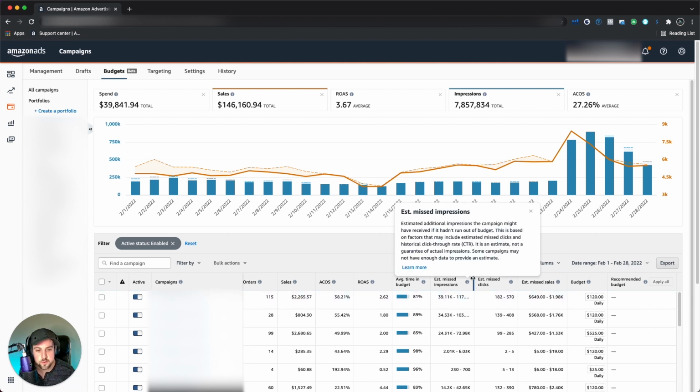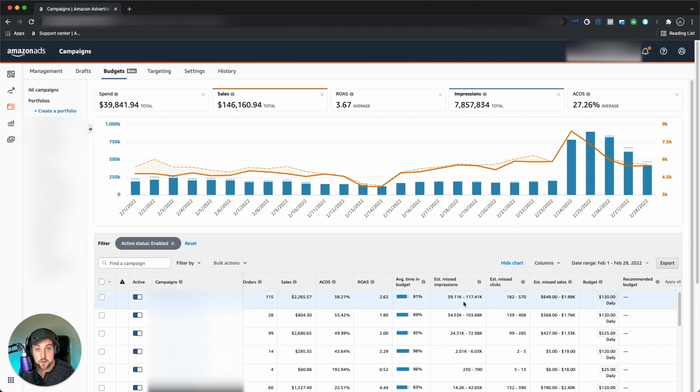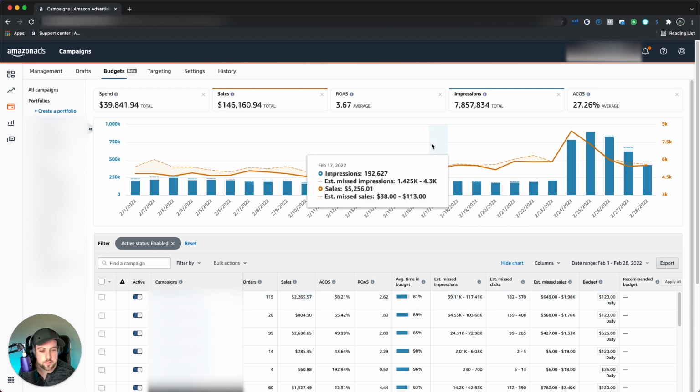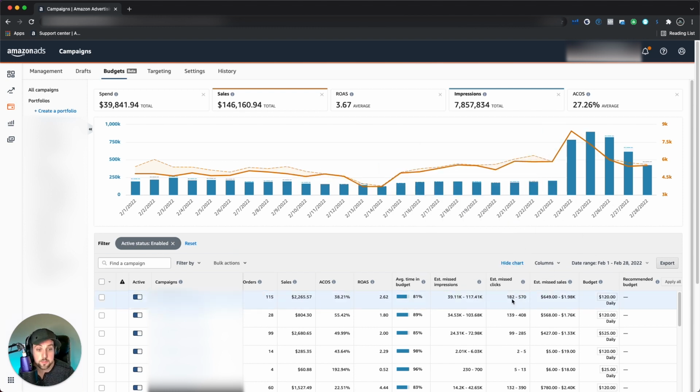And this is showing anywhere from 39,000 all the way up to 117,000 estimated missed impressions within this time period, and about 182 to 570 clicks, and an estimated $649 to about $1,900 or almost $2,000 every single month on this particular campaign.